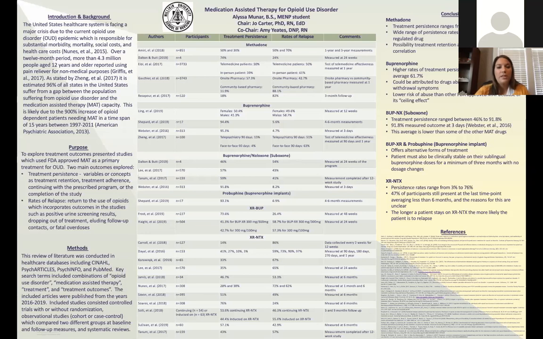And this is most likely due to a rapid increase in the patients that we've seen being diagnosed with opioid use disorder. So in the last 15 years, we have seen a 900% increase of patients needing a form of MAT to be treated for opioid use disorder.